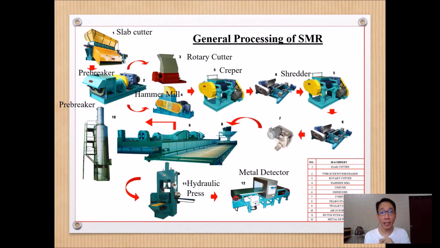And as you cut and shred, you produce rubber crumbs which are small enough and sufficiently clean. You then use pumps, and here the pumps will collect all your rubber crumbs into what we call the filling station.